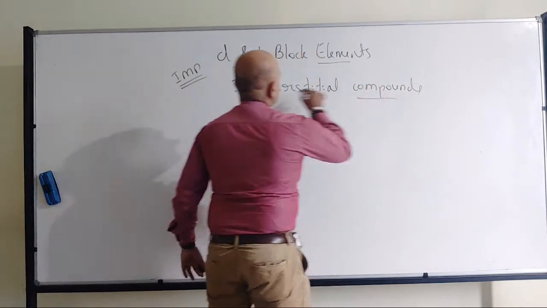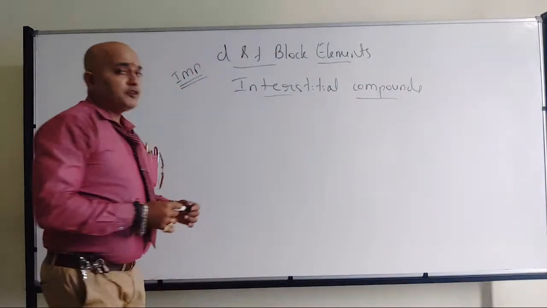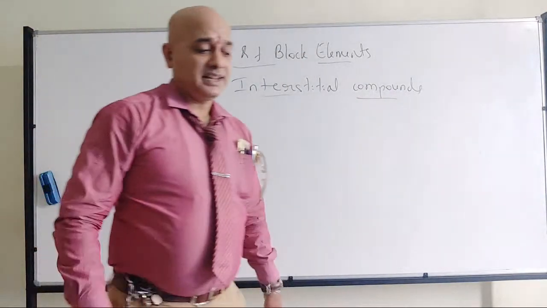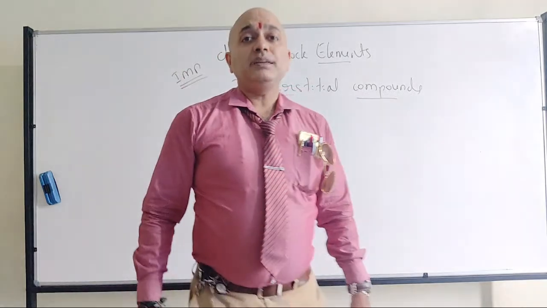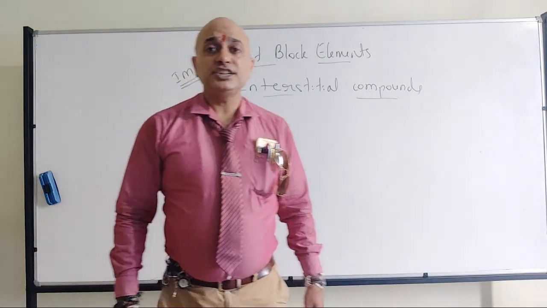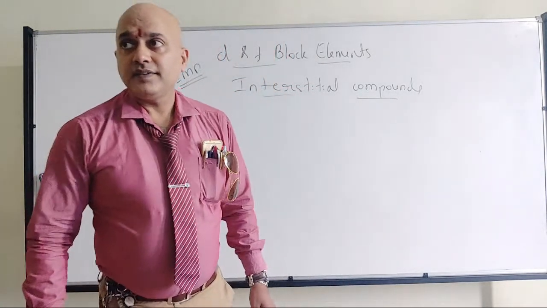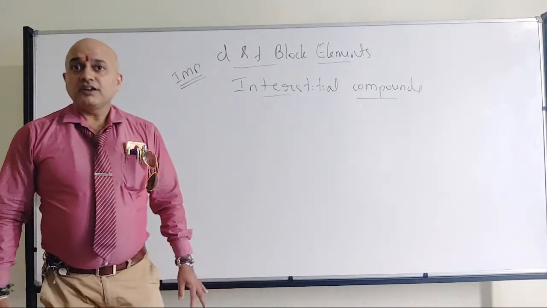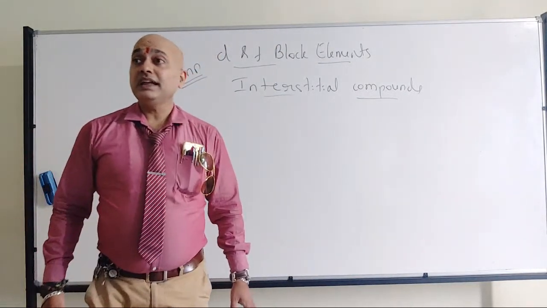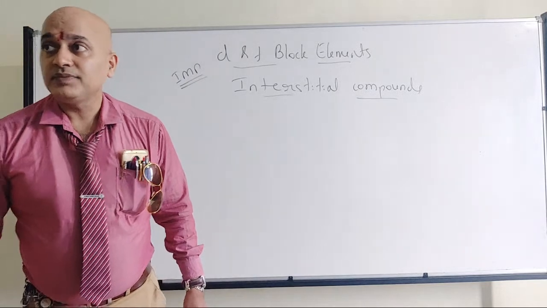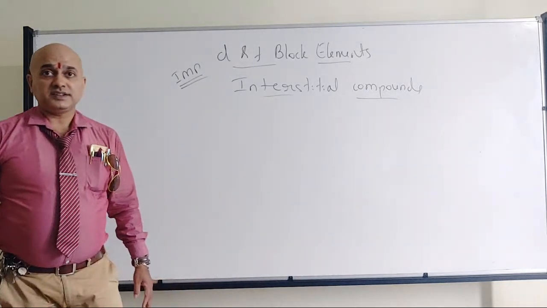Before going for the detailed explanation, you should tell me what you mean by interstitial. Space between. Okay, this one we have discussed in crystal defects, right? So, the interstitial defect.